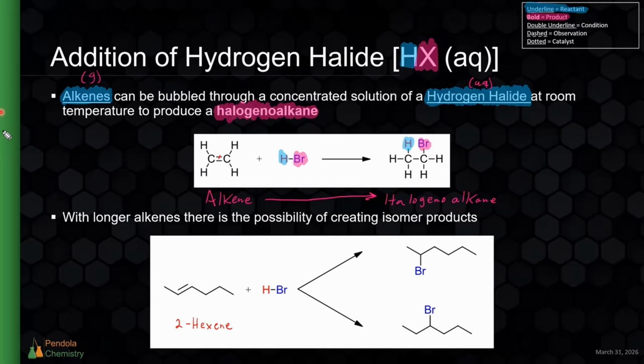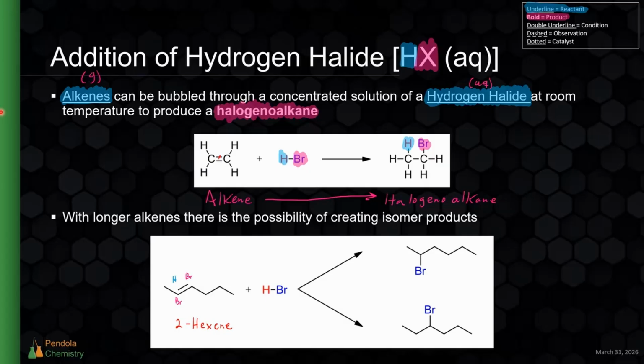Why? That HBr could be added with the hydrogen on carbon 2 and the bromine on carbon 3, or it could be added with bromine on carbon 2 and hydrogen on carbon 3. Actually, I should have flipped this, now that I'm looking at my answers here.